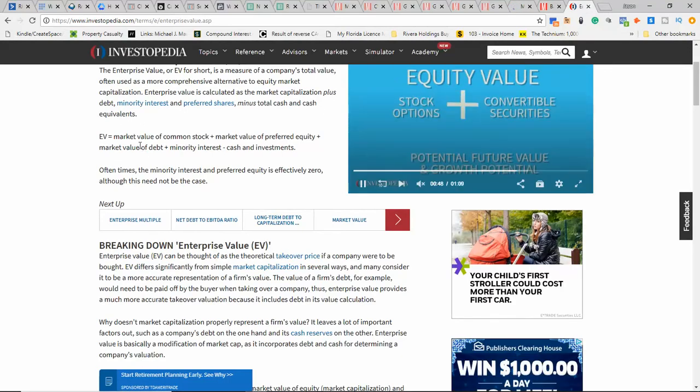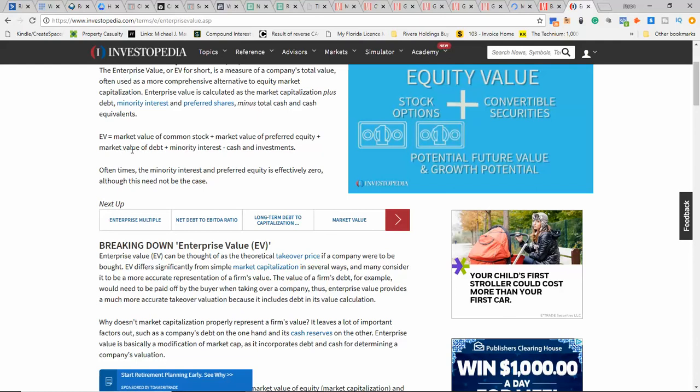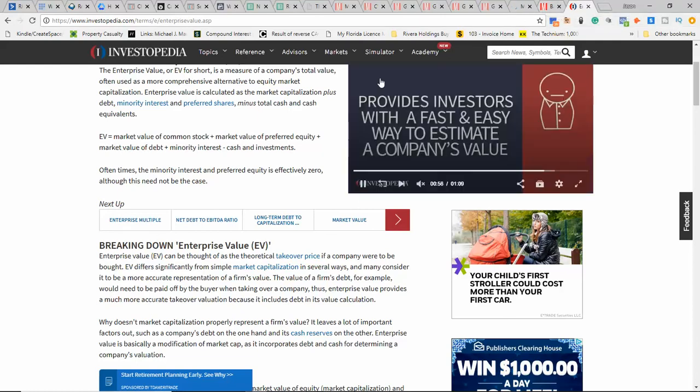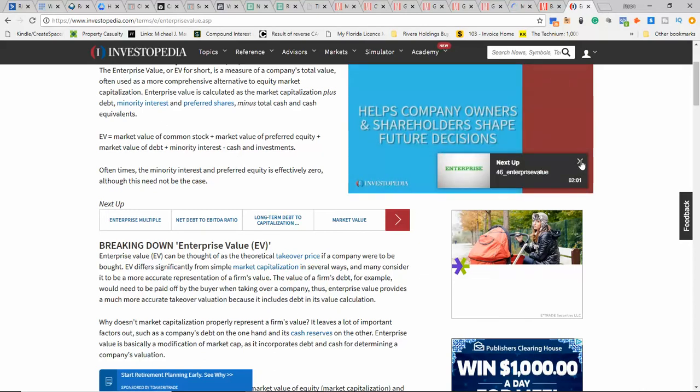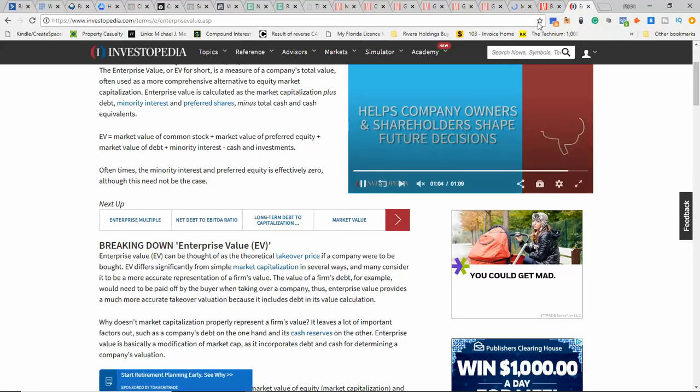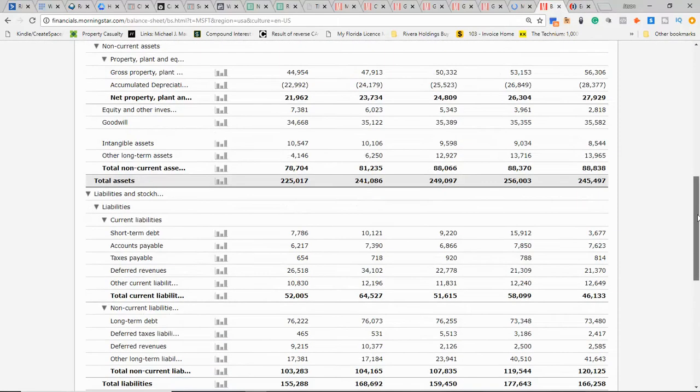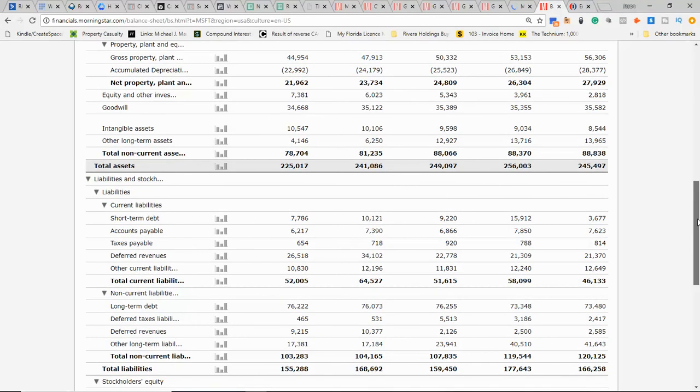In the EV calculation, this is just short and long-term debt. Typically, I add operating leases and that kind of thing, but for this exercise, just focus on short-term and long-term debt for the time being. And we add all these. Okay, so short-term debt 3677, long-term debt.